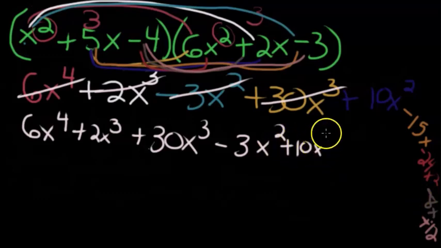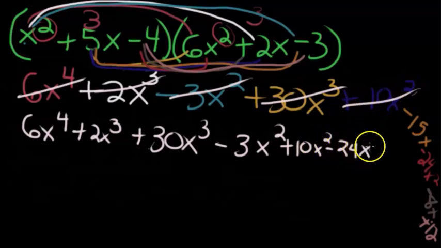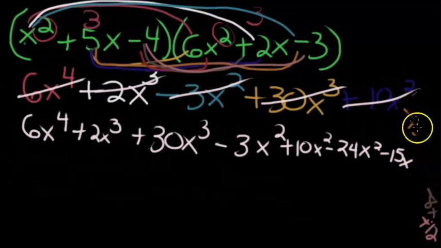So 10x squared minus 24x squared, and then -15x. We've got to take that one out. And that one. We got them. Alright.